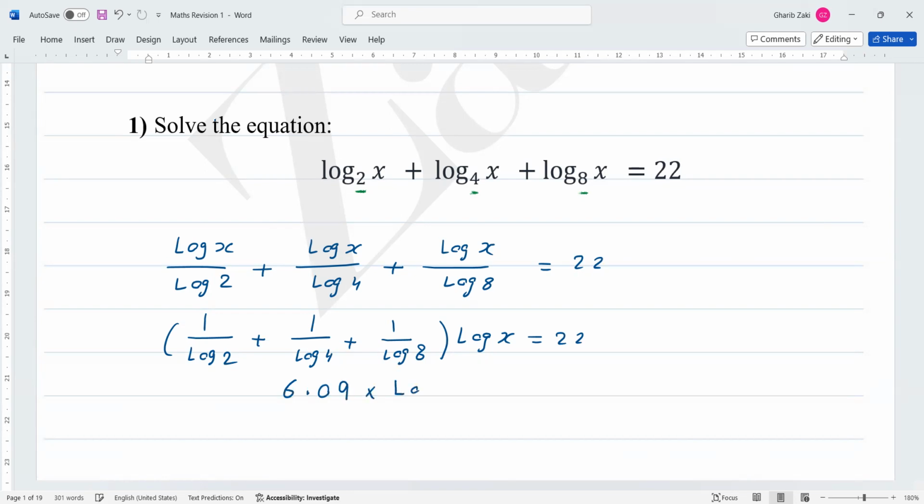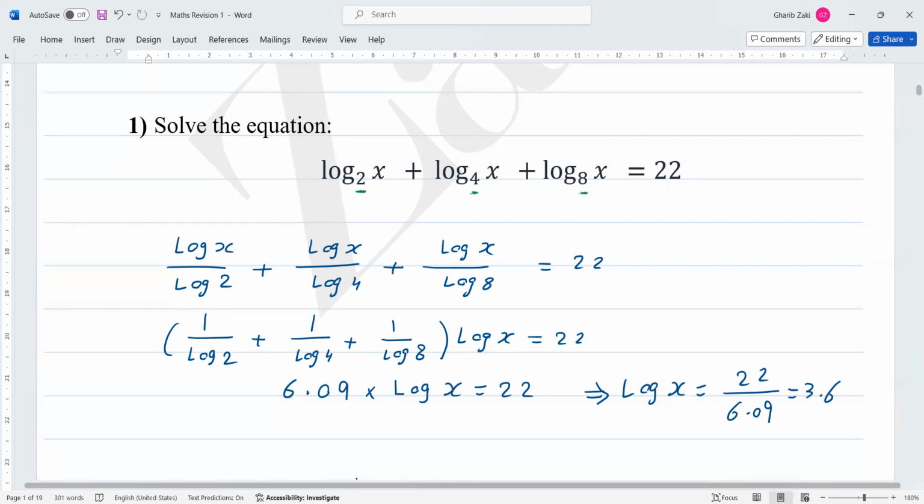So 6.09 multiply log x equals 22. Divide by the number beside log, then log x only equals 22 over 6.09. We write 22 divided by the answer. It is 3.6. Here we have log. We need the value of x. To get the value of x, follow this step.